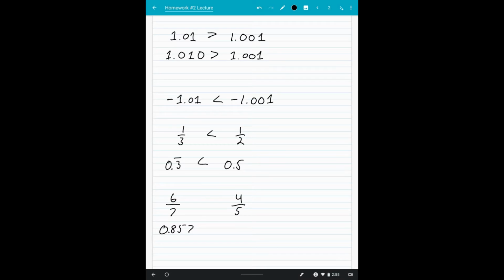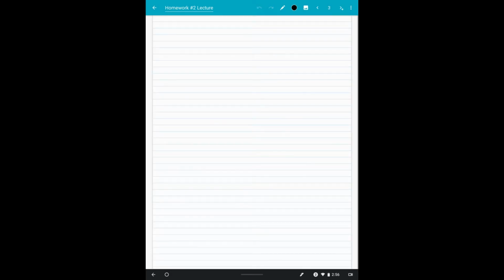And then 4/5 converts to 0.80. You can see that 6/7 is larger than 4/5. So comparing the two, maybe changing them to decimals will make it a little easier when choosing what sign we need to put. All right, so let's go into some arithmetic, adding, subtracting integers.